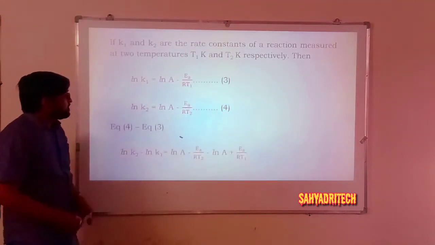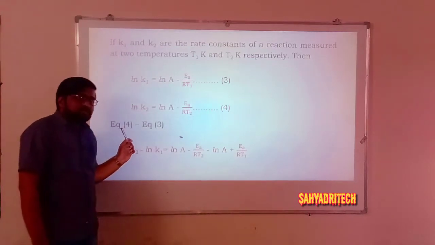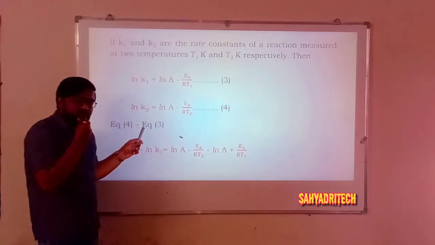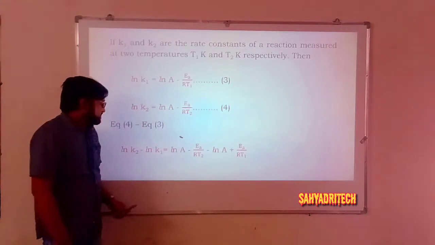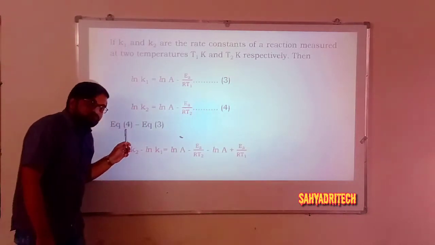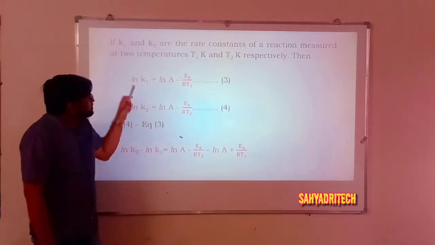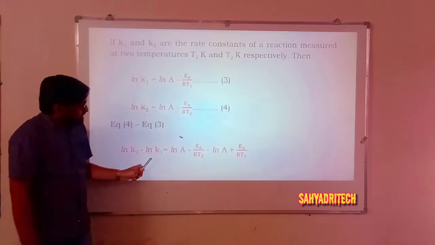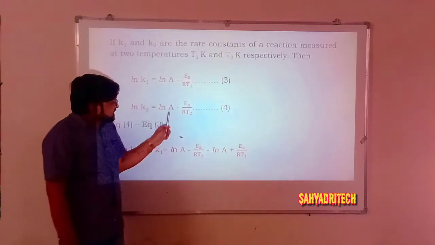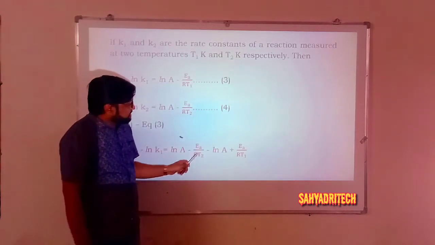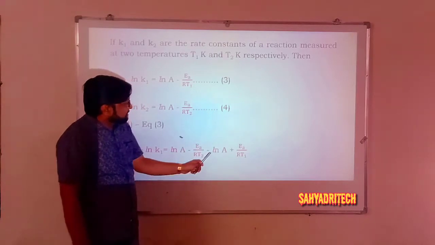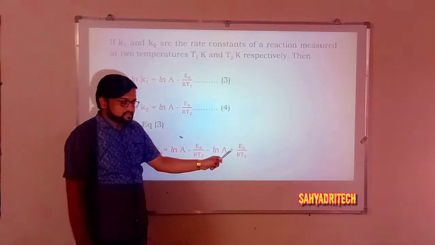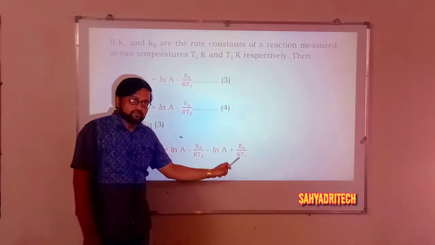Further, if we subtract equation 4 minus equation 3, or even we can do equation 3 minus equation 4, that can also be done. Now I considered equation 4 minus equation 3. Equation 4 means ln K2 minus ln K1 is equal to ln A minus Ea by RT2, minus of ln A, minus into minus becomes plus, plus Ea by RT1.